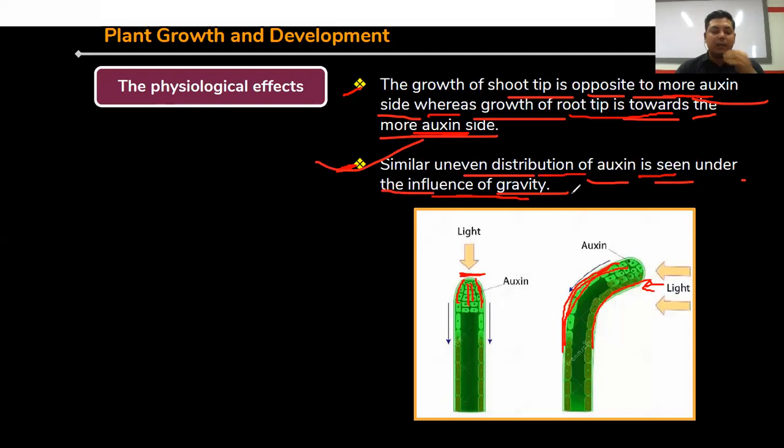Generally the shoot tip contains more auxin and the root tip contains less auxin. So that's why the shoot apical meristem growth is extremely found, and in the root tip, they contain less auxin, so less growth is found in the root tip. Clear?